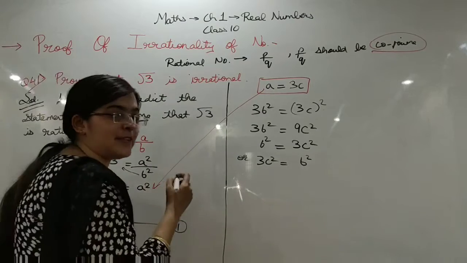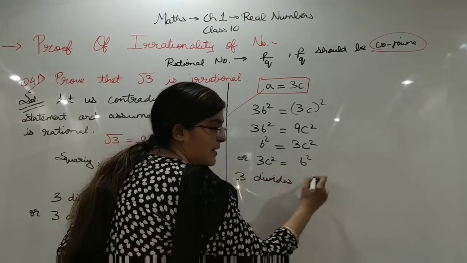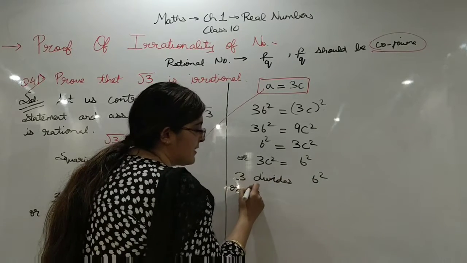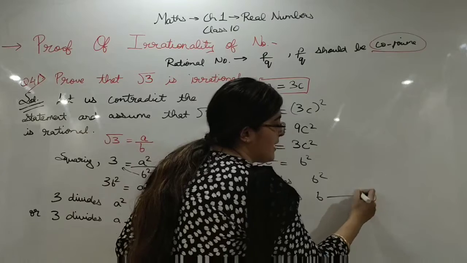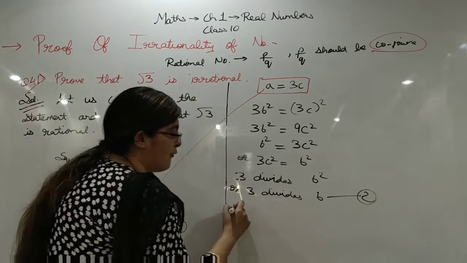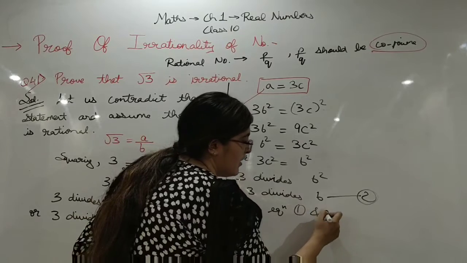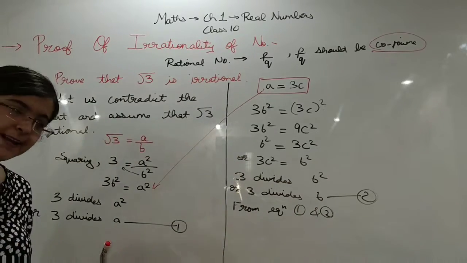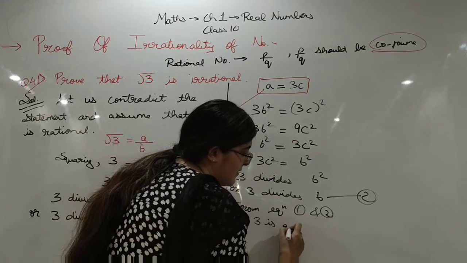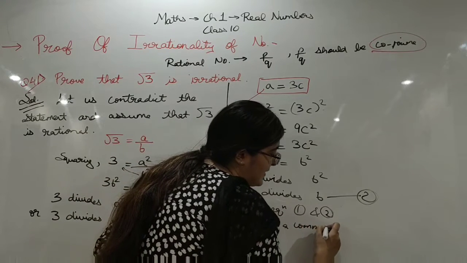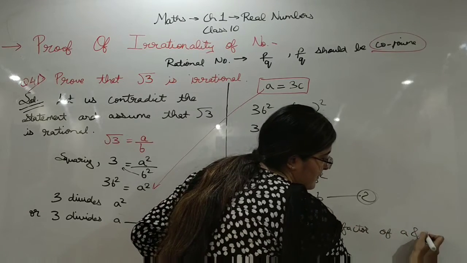Okay, now again what we will say? That 3 divides b square or 3 divides b. This will be your equation number 2. Now from equation 1 and 2, what we will write? That 3 is a common factor of a and b.